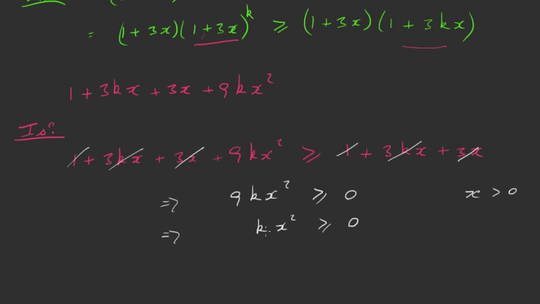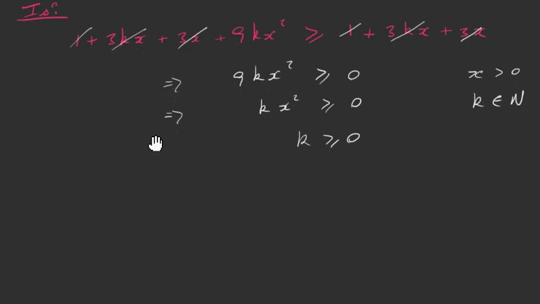And our k here as well is going to be a natural number. k is an element of n, so that's going to be positive as well. So this is true. k is greater than or equal to 0 here. x is greater than 0, so x squared is greater than 0. So that's fine. We have shown that pk plus 1 in fact is true.